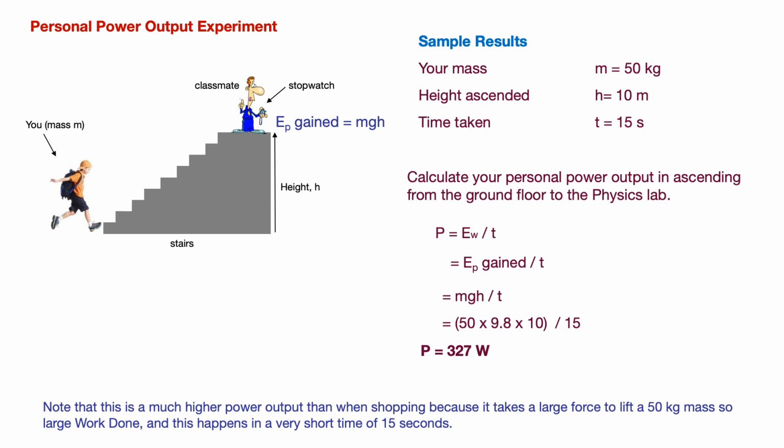It's just under 500 newtons, whereas the force to push the trolley was quite small, about 50 newtons. So much bigger force. And also, we ascended these stairs in only 15 seconds, whereas it took us 20 minutes to go around the supermarket. So big work done, small time taken, large power output.